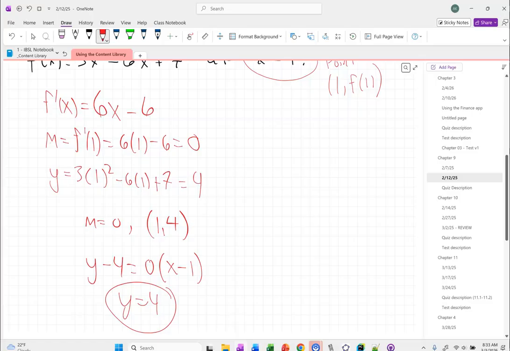We'll talk about that in more depth in chapter 10, including first and second derivative tests for evaluating extrema. But conceptually, that's it. How do you guys feel on this? Is this okay? Yeah. Okay.